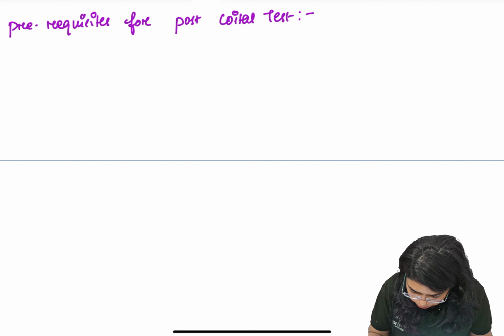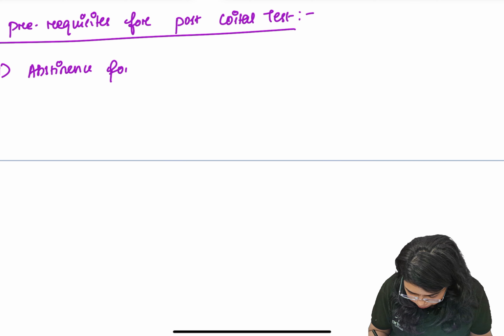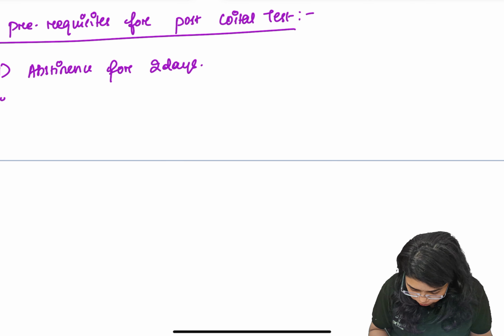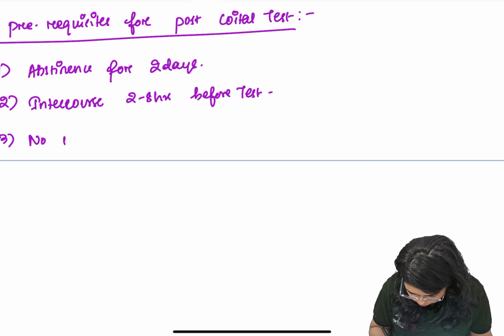To detect the anti-sperm antibodies, first, abstinence for 2 days. Refrain from sexual intercourse for 2 days and then intercourse just 2 to 8 hours before the test. And no use of lubricant.